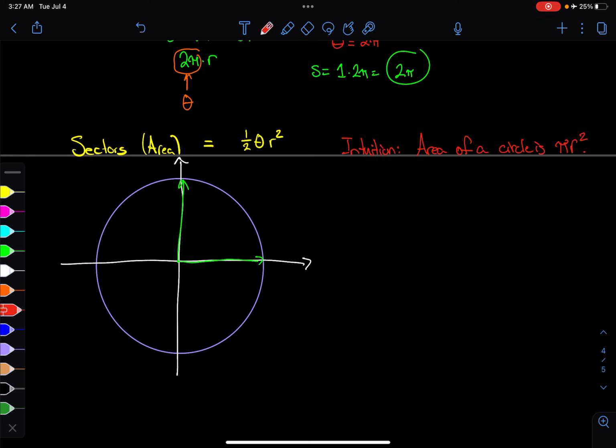So for instance, if I asked you, what is the sector area between pi over 6 and, we'll say, pi over 3 for the unit circle?